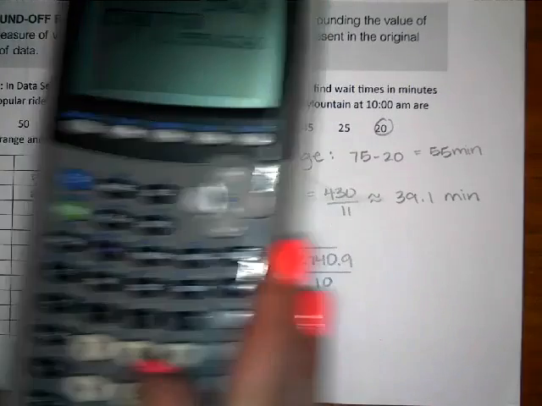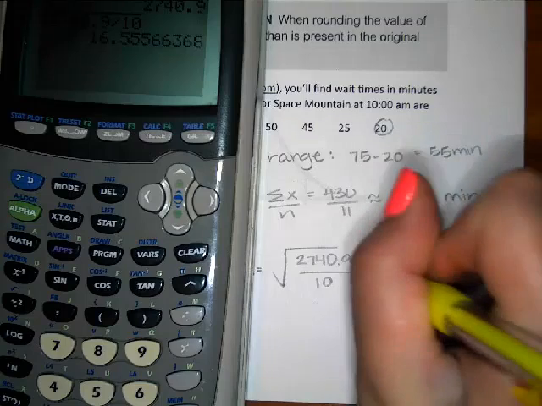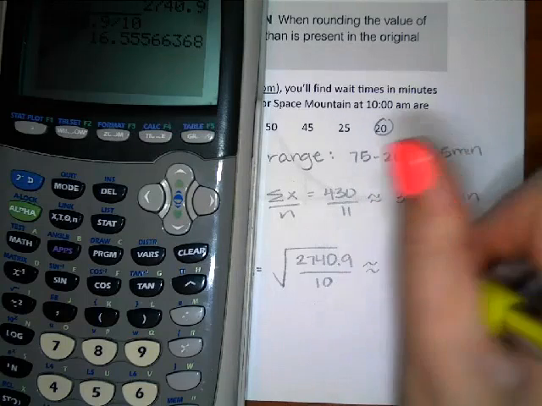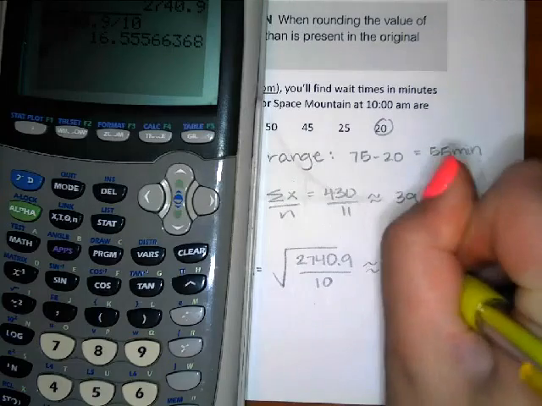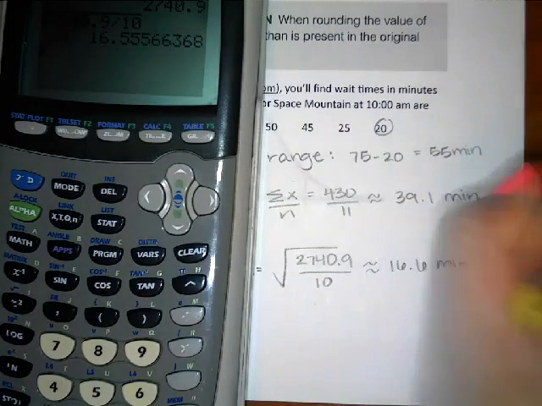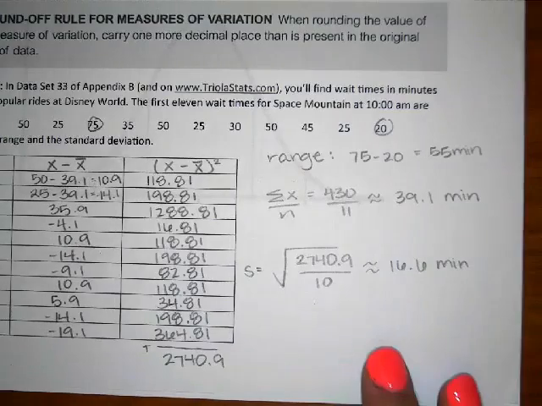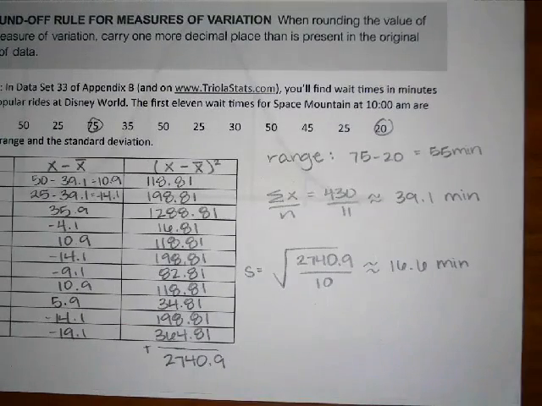And like the rounding tip said, we're going to do 1 decimal place, so 16.6 minutes. Okay, and later in the notes, we'll look at a little bit more about what standard deviation means, like how you can see that within the data, but first, that's how to calculate it.